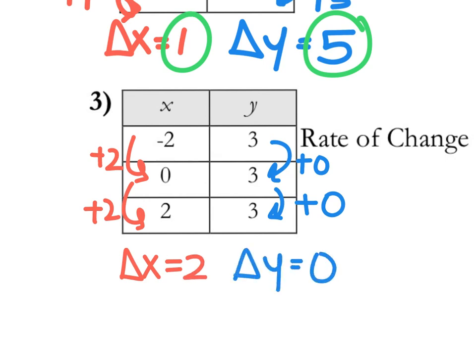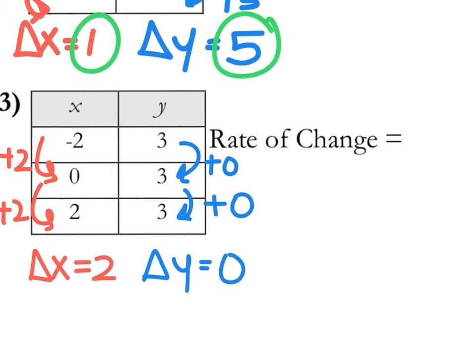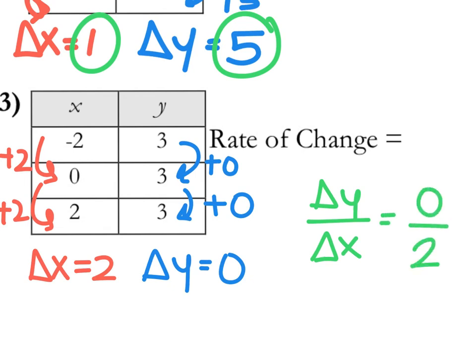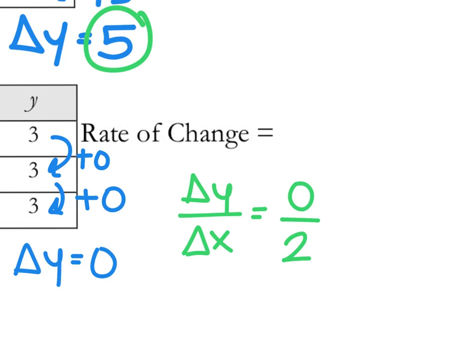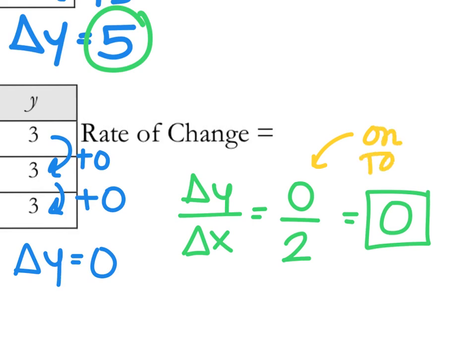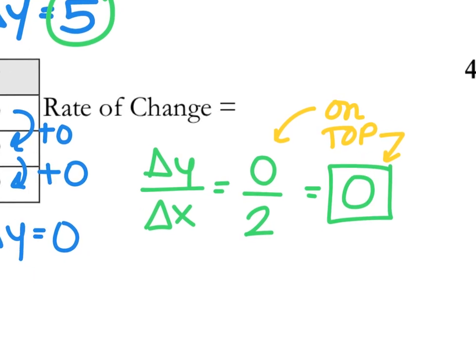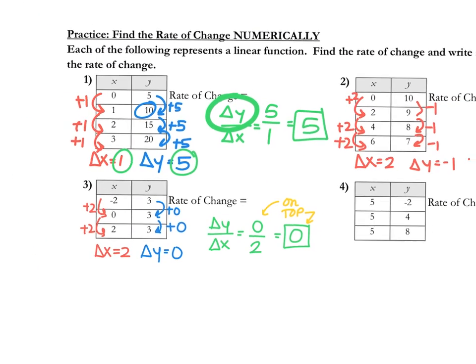Just apply to the formula: change in y divided by change in x. Change in y is 0 divided by 2. Guys, that works. What is 0 divided by 2? It's 0. So when the 0 is on top, in the numerator, then the answer is 0. My rate of change is allowed to be 0. We'll talk about what that looks like as a line coming up.